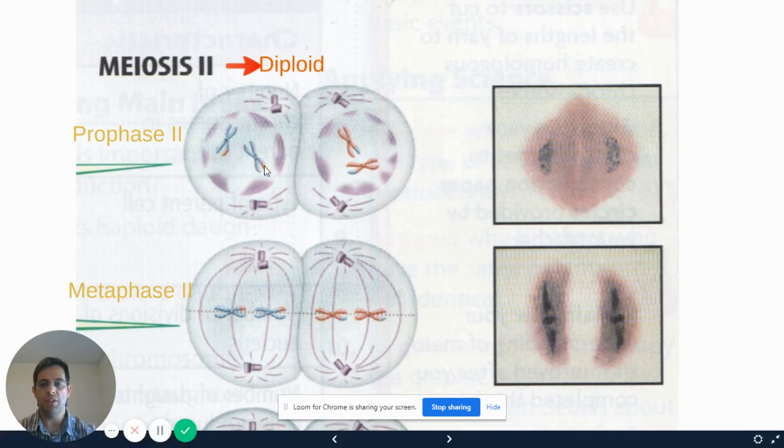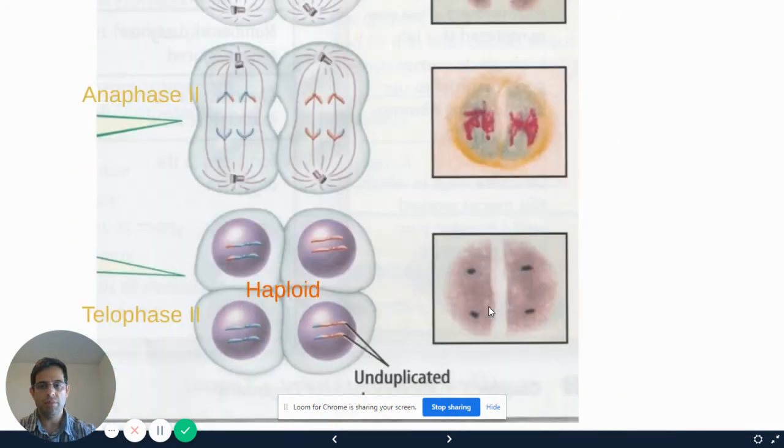So that's why you see the different colors here in the chromosomes. In metaphase two, you align them in the middle, and once they're aligned in the middle, now the chromatids will be pulled towards the edge of the cell. So the chromatids are separated.